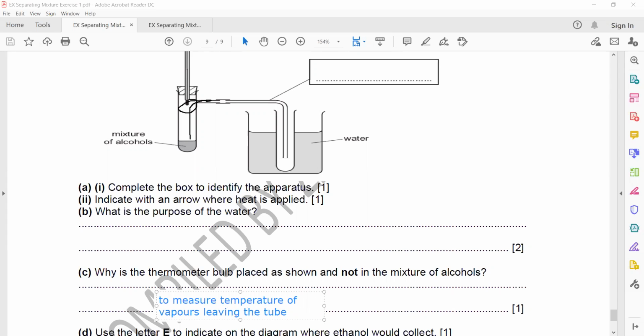So we use it to measure the temperature of the vapors which are leaving.